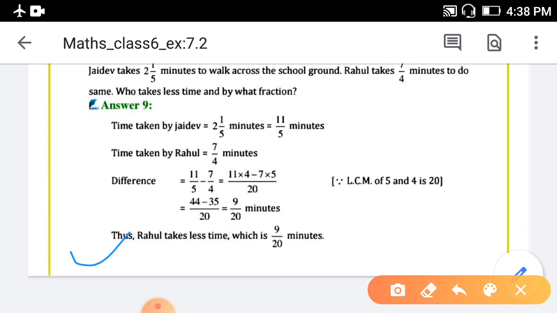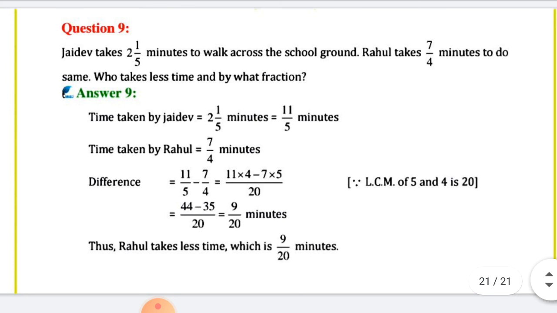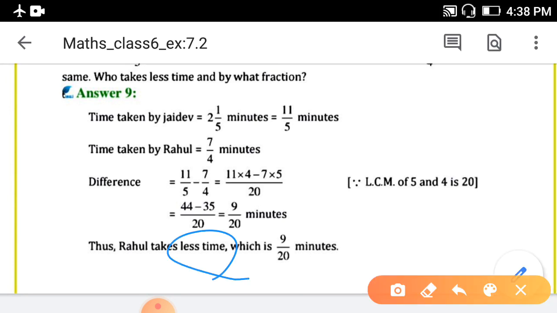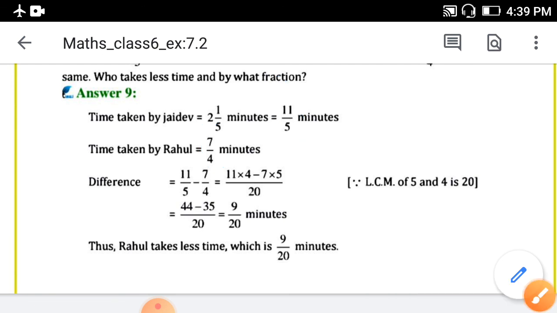Rahul takes less time, by 9 upon 20 minutes. And here, to find out who takes less time, you have to compare them by making their denominators the same, by converting them into equivalent fractions.